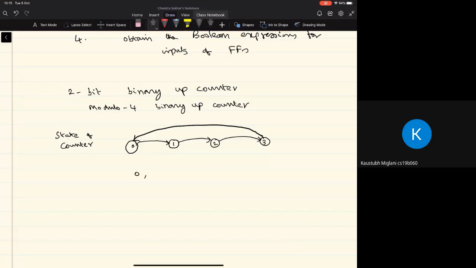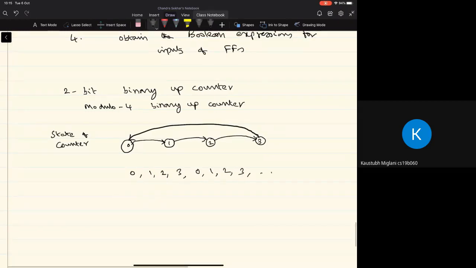So basically, what is the count sequence here? 0, then 1, then 2, then 3. After 3, it will go to 0, then again 1, 2, and 3, right? So this count sequence is the one that the circuit will go through, and the circuit will change its state whenever the control signal is active, right?